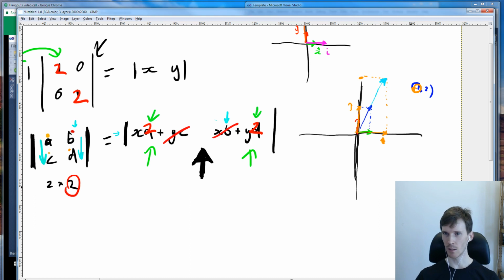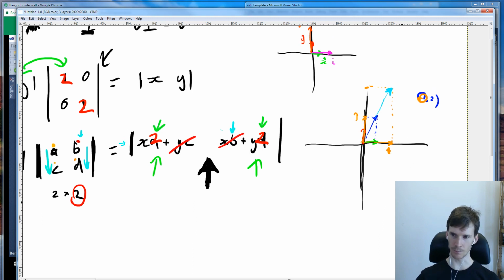By the same token, if we have the matrix, let's get scribbly. Now we're going to scale x up by 3.